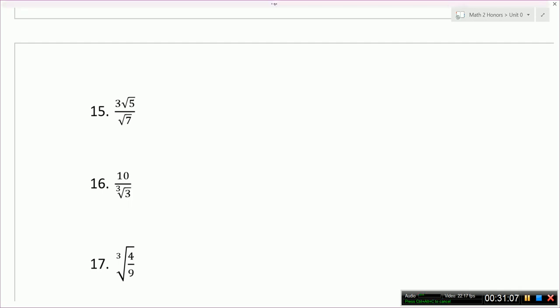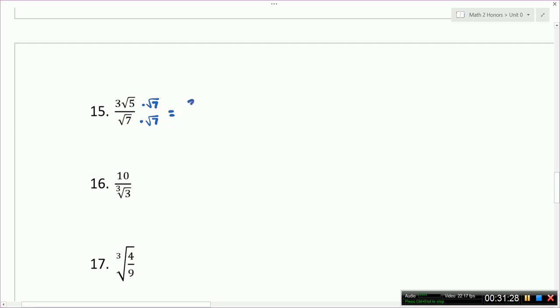Number 15, we're simplifying here. We are not allowed to end with a radical in the denominator, and so because it's a square root, I'm going to multiply by a square root of 7 to create a pair of 7s in the denominator.